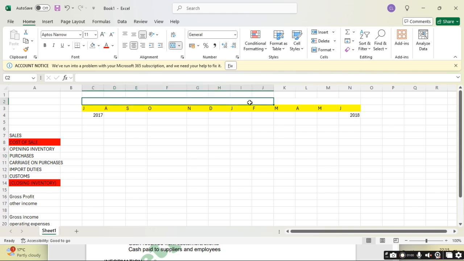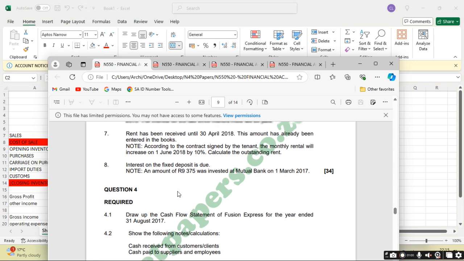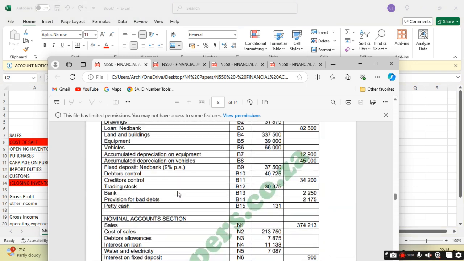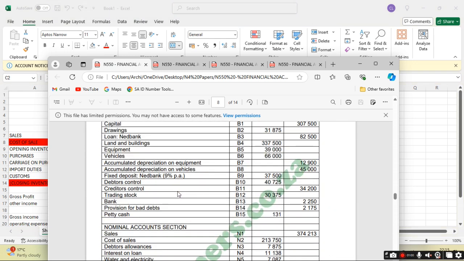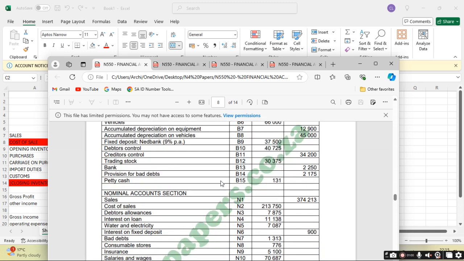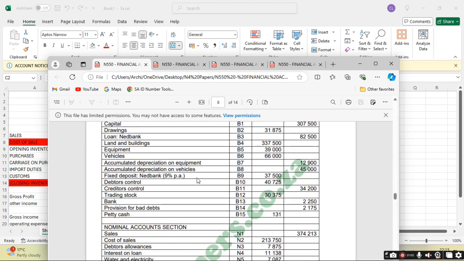So when we're calculating, going back to our calculations, our total investment is what? 37,500. In this 37,500, we have that amount of 9,000 something that we invested on 1 March 2018.